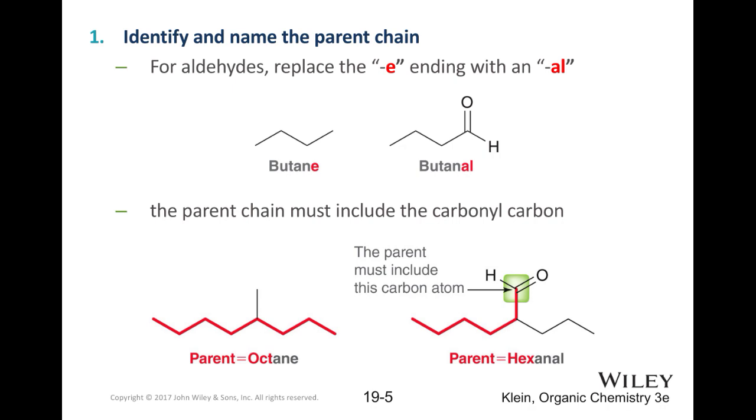But with the aldehyde, you have to keep in mind that the parent chain has to include that carbonyl. Yes, there is a chain that's longer than 6 carbons, but it doesn't include the carbonyl from the aldehyde. So we would number like this: 1, 2, 3, 4, 5, and 6. Just as an aside, something nice about aldehydes is that you don't have to include a locant for the carbonyl in an aldehyde because it's always at the end of a molecule.